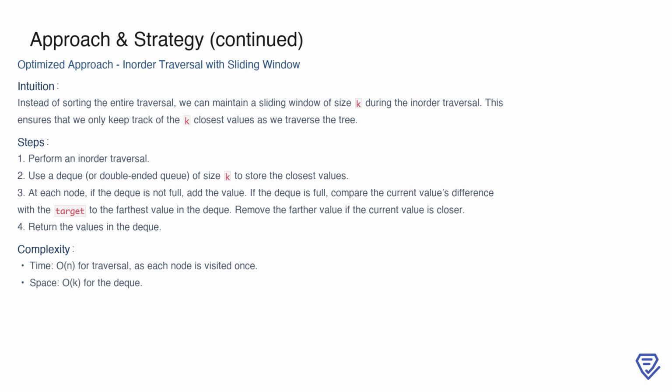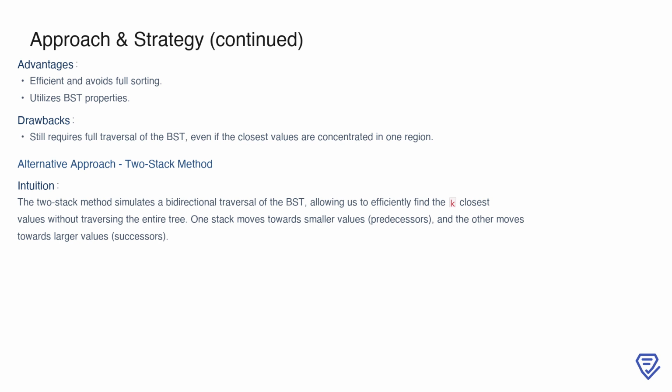This ensures that we only keep the most relevant values throughout the traversal. By focusing on the k closest values during the traversal itself, we eliminate the need for post-processing through sorting. The sliding window approach has several advantages. It is more efficient than the brute force method because it avoids the full sorting step.